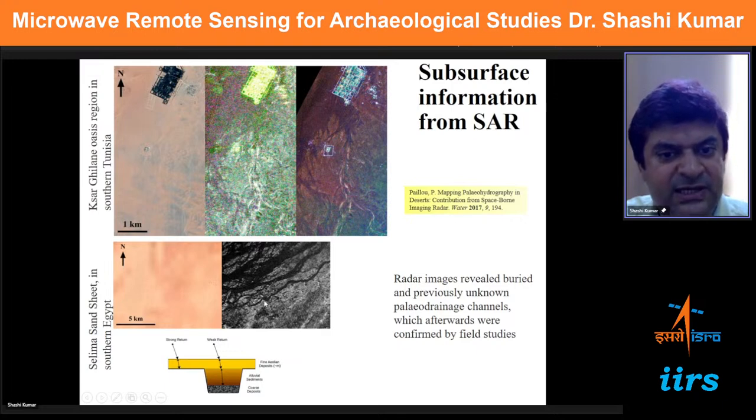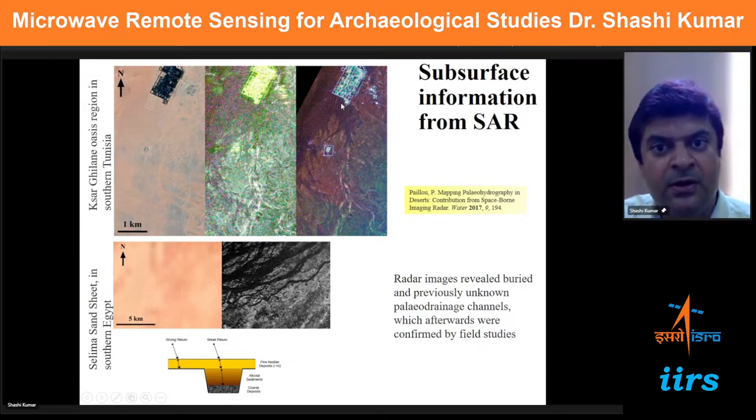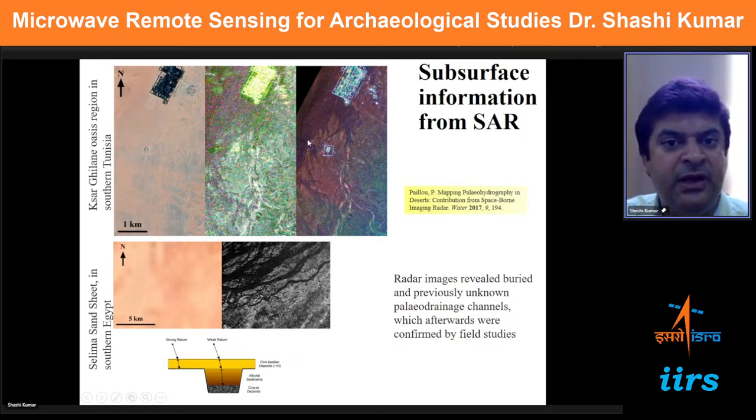Paleo channels could be easily seen here. This clearly shows the subsurface penetration capability of the SAR data set. Similarly, this is based on the L-band airborne data set. Here also we get more subsurface penetration capability, which is not visible in the optical multispectral data set, but in the SAR data set this information is clearly visible.